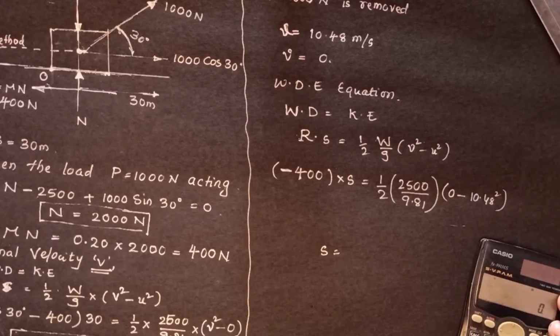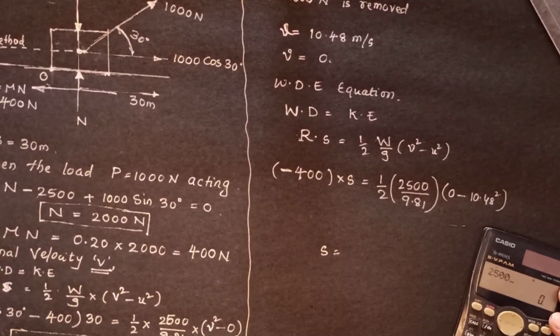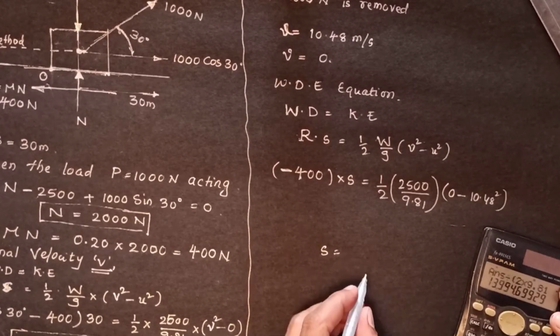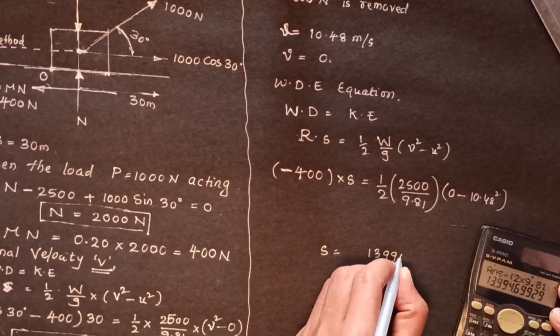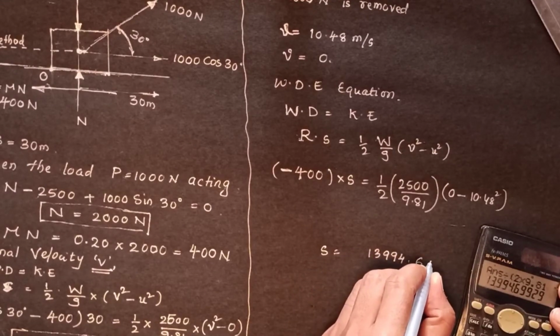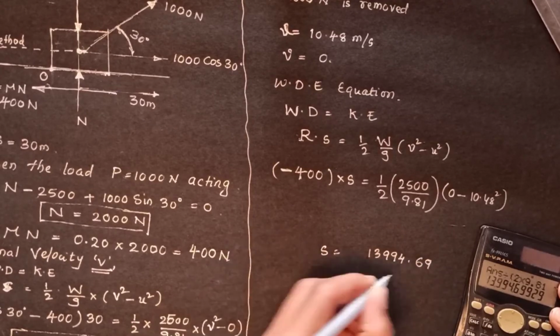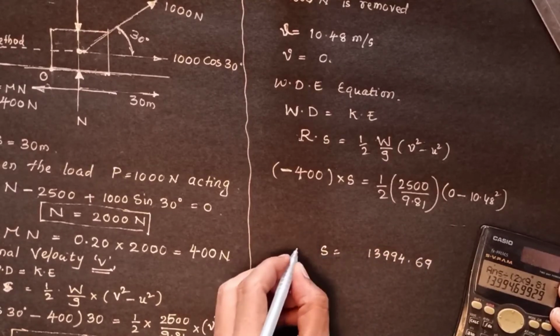So 2500 into 10.48 square divided by 2 into 9.81 gives 13,994.69. You can take it directly as 7 also.